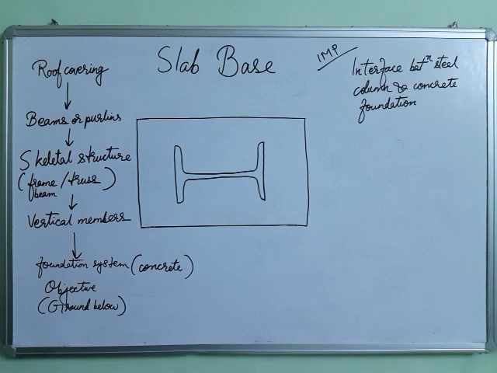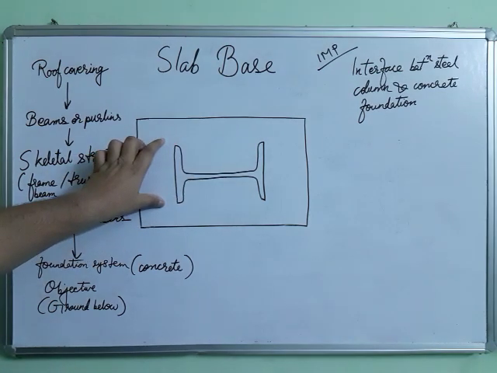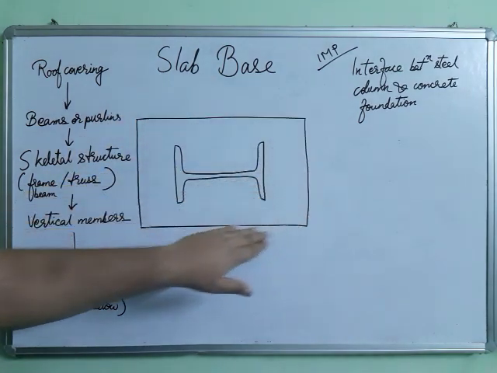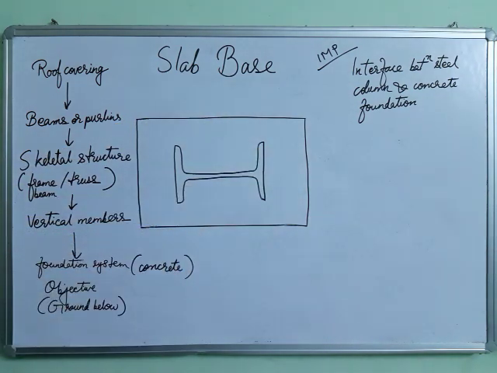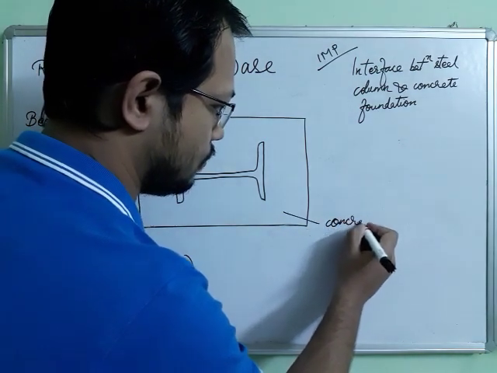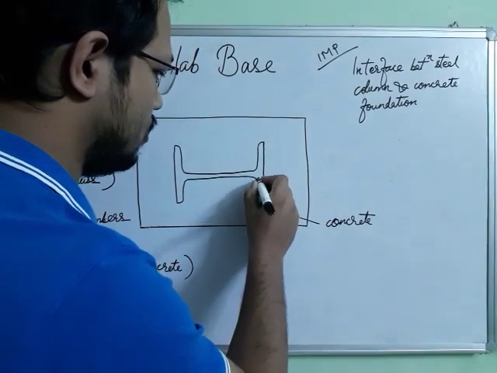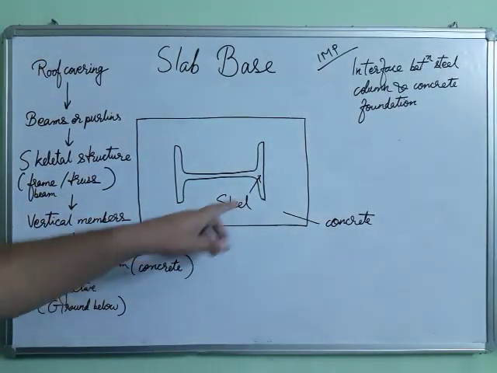Now suppose you have selected an I section. And this is the foundation, and the foundation is made of concrete. And the column is made of steel.